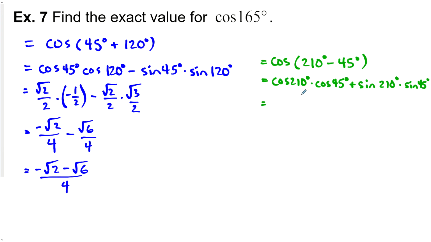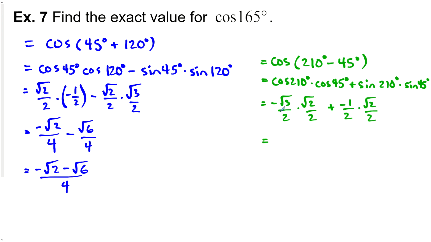Now cos 210 degrees is negative root 3 over 2. Cos 45 degrees is root 2 over 2. Sine 210 is negative 1/2. And sine 45 degrees is root 2 over 2.